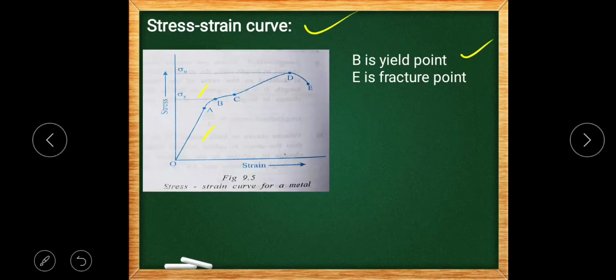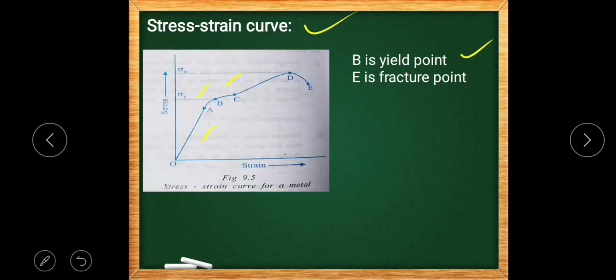So now consider the next region, BC. In this region the strain increases rapidly, even for a small change in stress, because the curve is flat here. So we may say that here the stress is increased beyond the elastic limit.